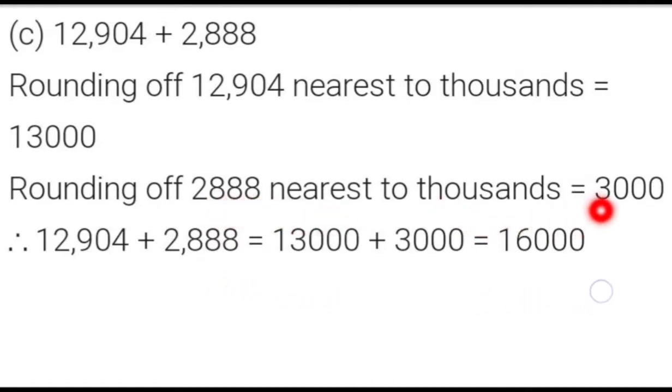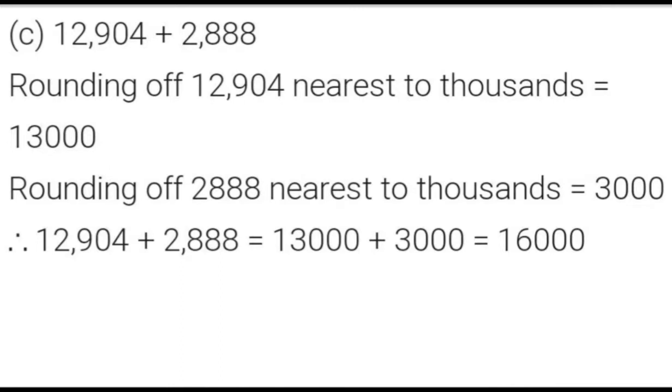So the rounding off of 2,888 will be 3,000. Now these two numbers were actually going to be added. So what we are going to do? We are going to add the nearest thousands of these two numbers. That is 13,000 plus 3,000 will give you a total of 16,000. Students, the D question also will be done by you.